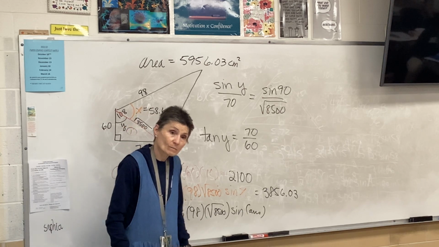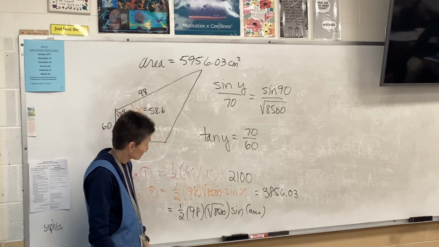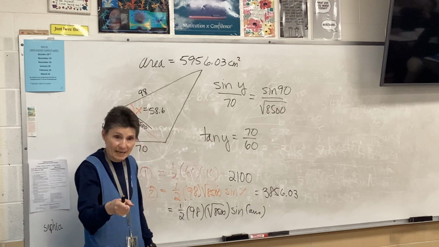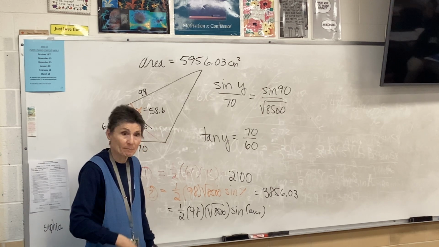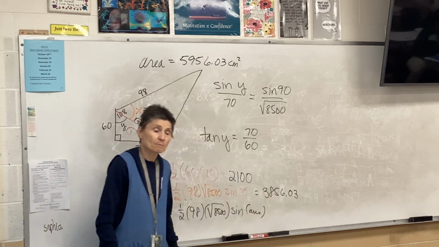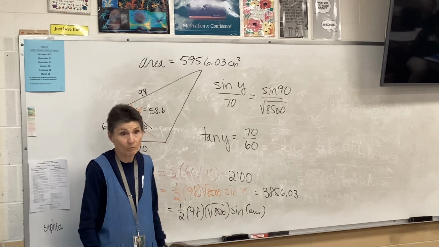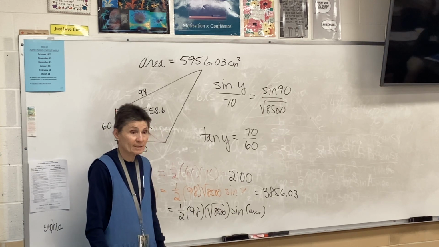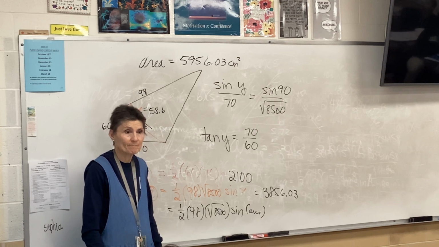But I got 3855.98 when I didn't. That's what he got because he rounded something up. So it caused an error, right? It's only 0.05, but it's still 0.05. I think she said 0.98. Oh, wait a minute, how much is that off?